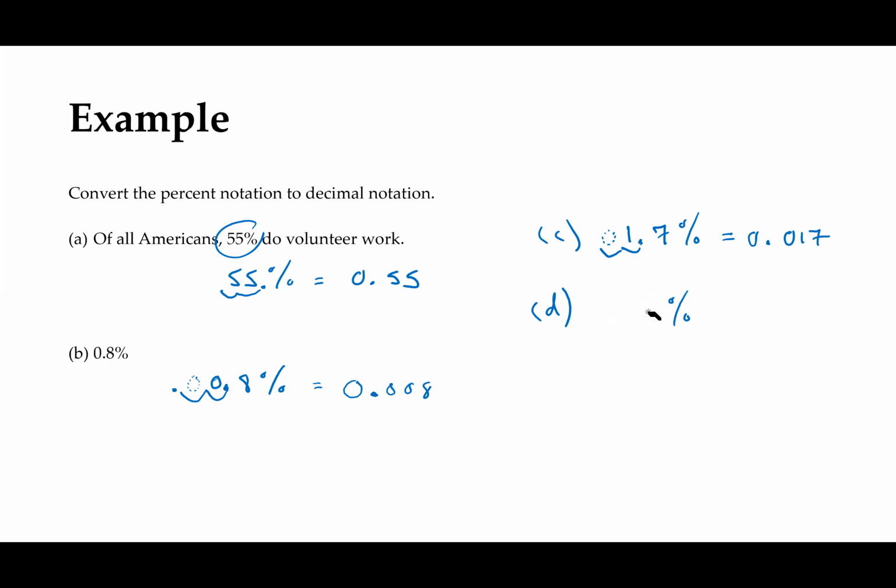I'm sorry. I'm going to do 125%. Let's do that. And so where's the decimal? Well, it's after this 5. We move it left 2 places. 1, 2. 1.25. And we should expect to get something larger than 1 because our percent is larger than a whole, or 100%. Okay?